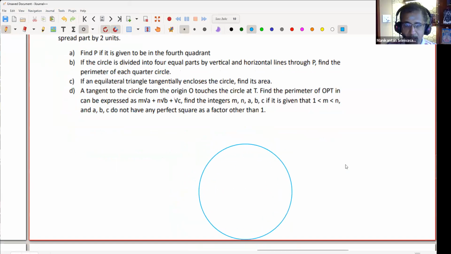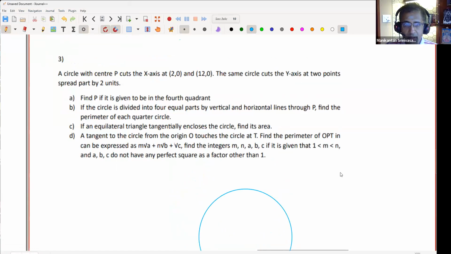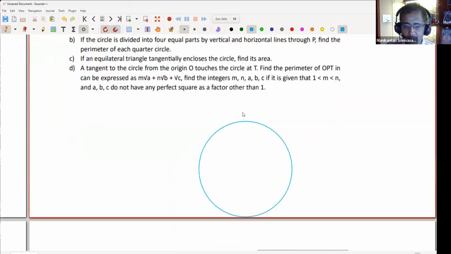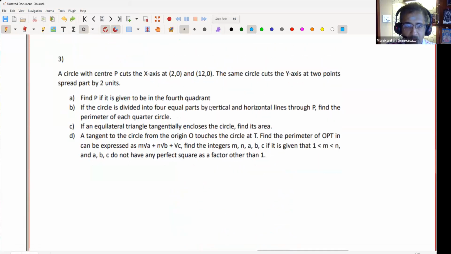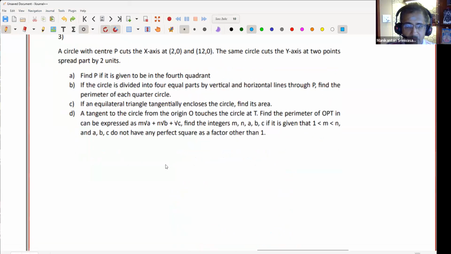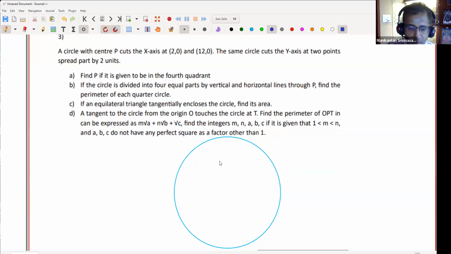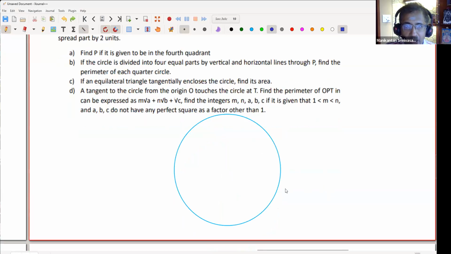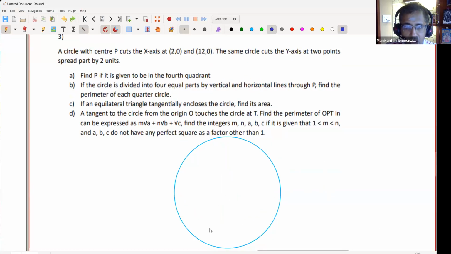Okay, let's draw a circle. Now this is the x-axis. Sorry, I should have drawn it here. I'll draw the x-axis and y-axis here. Sorry, it does not cut the x-axis at a single place. It cuts the x-axis at 12, 0 and 2, 0, right?